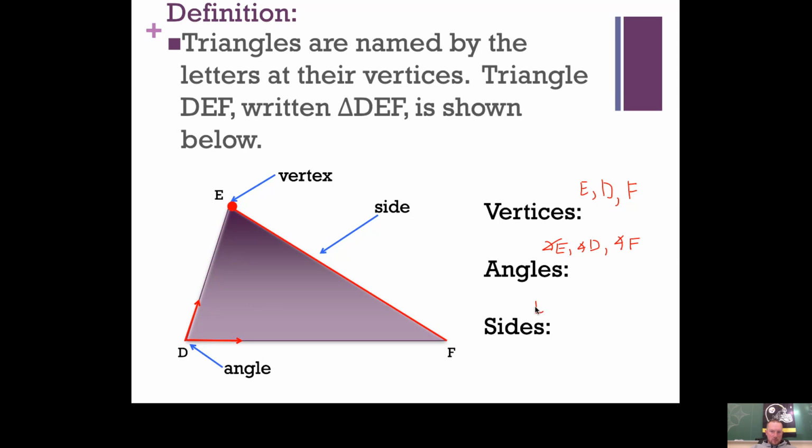So your sides would be segment EF, segment FD, and segment DE. There's going to be some examples like this in your assignment.